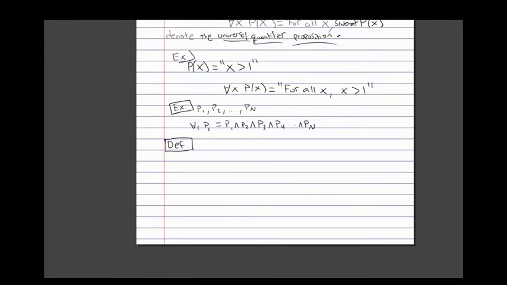So we say, let P of x be a predicate, and we define the following symbol to be the existential quantifier.